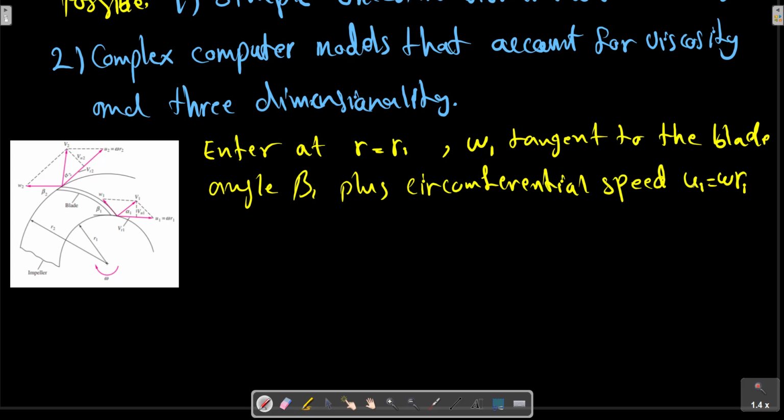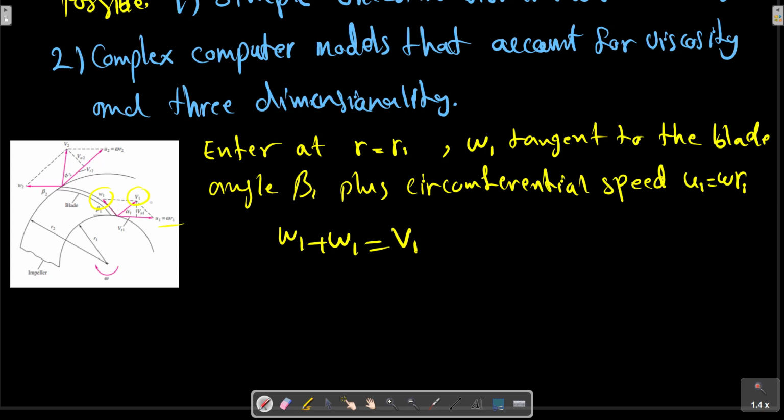The absolute entrance velocity is thus the vector sum of W1 and U1, V1, as shown also in the picture here.